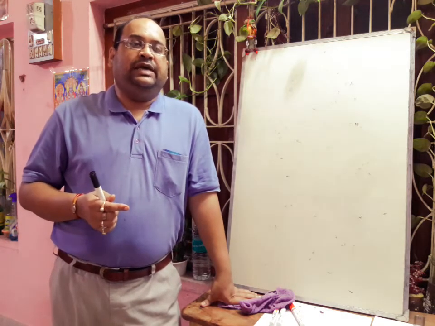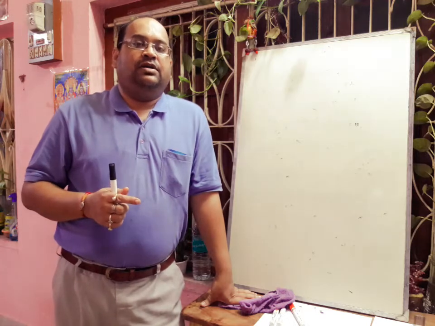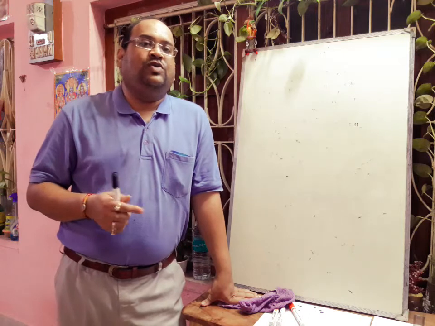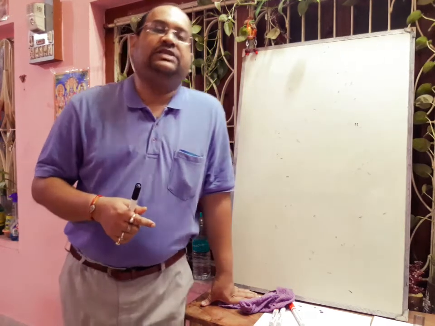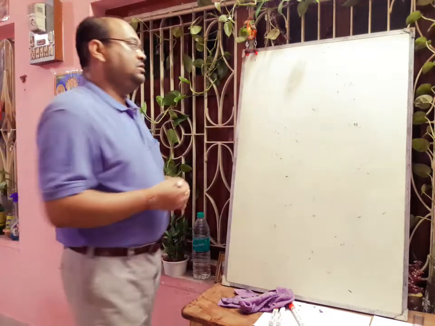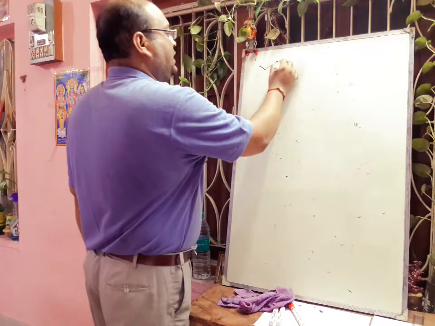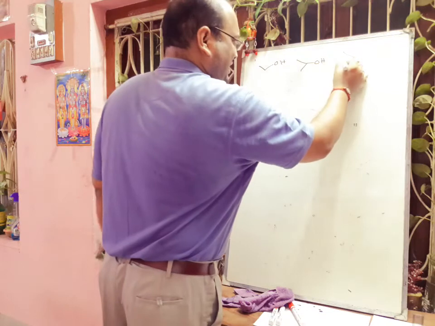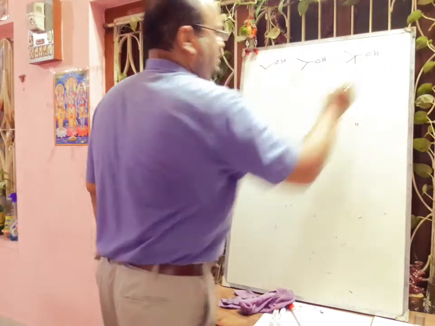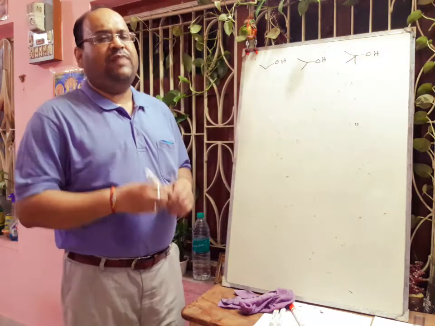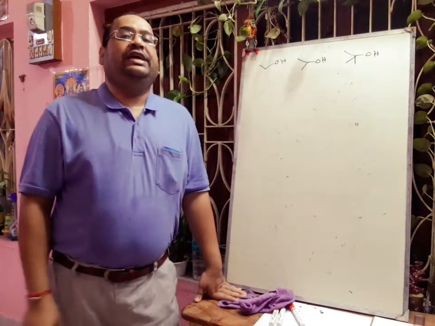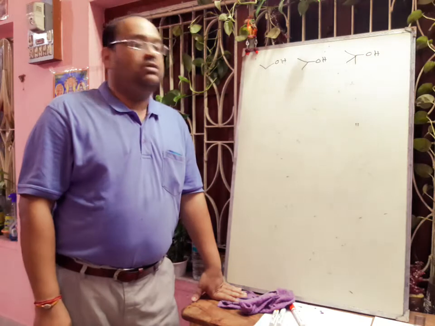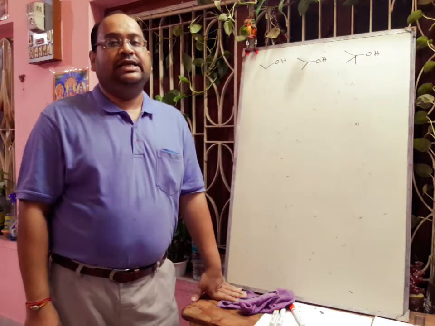But if the carbon attached to oxygen is attached to two other carbon atoms, then it is called secondary alcohol. So this one is primary alcohol, this one is secondary alcohol, and another is called tertiary alcohol. By using Grignard reagent, we can prepare these 3 types of alcohol, that means primary, secondary and tertiary.